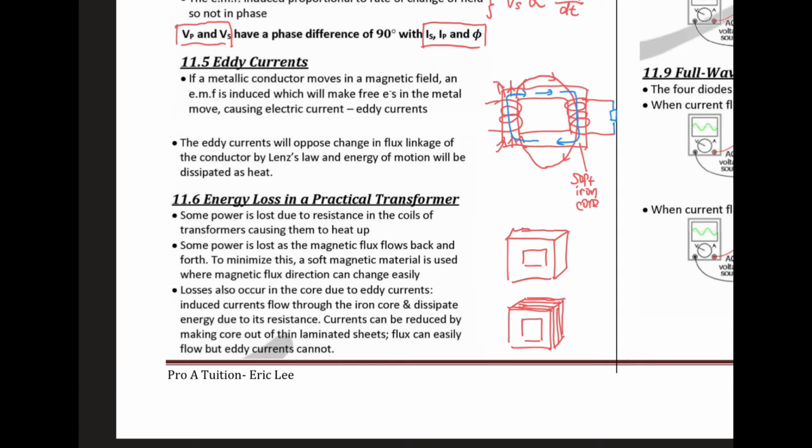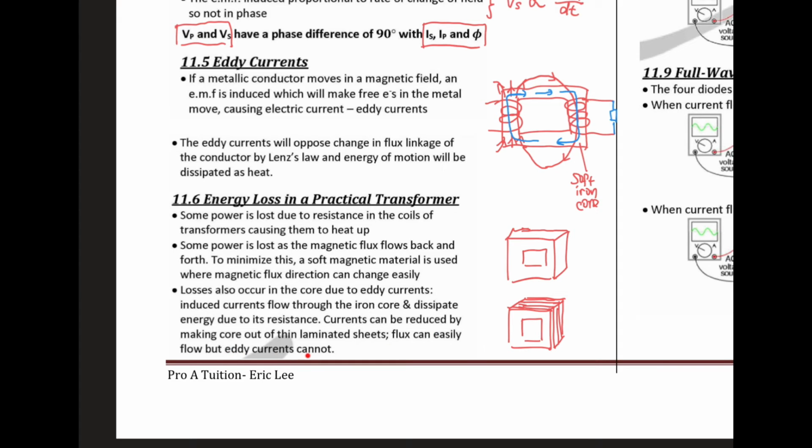Over here, flux, that means the magnetic field, can easily flow. With the soft iron core, the magnetic flux direction can change easily. So although you are using laminated sheets, the soft iron core is still there, so the magnetic field can change easily.